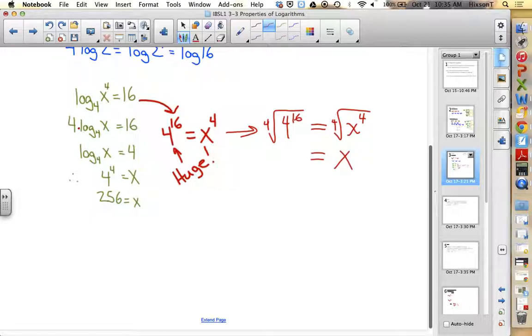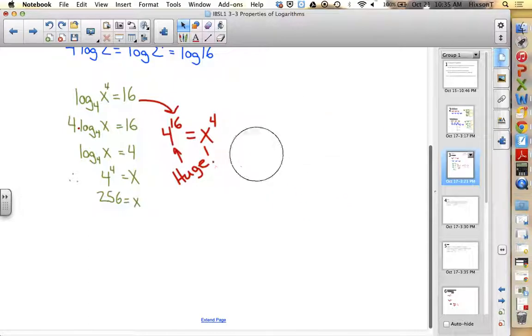This would actually divide 16 by 4 and leave you with 4 to the 4th. So it's not that it's impossible to do this, but if you tried that on your calculator, it's going to give you way too big a number. So again, just a way that you can use that rule to help you.